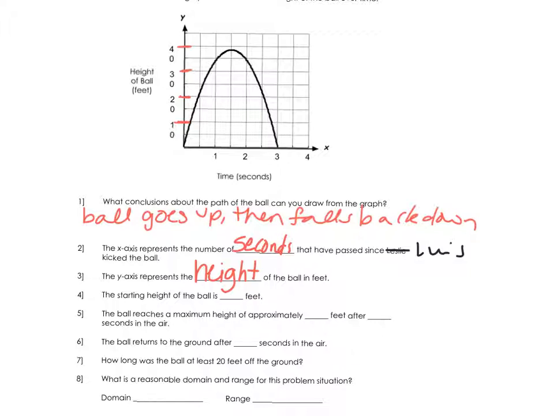I'll come back to you. Alright, so how many feet above the ground does this ball start at? We said 0, right? So this particular ball was on the ground when we kicked it. 0 feet.